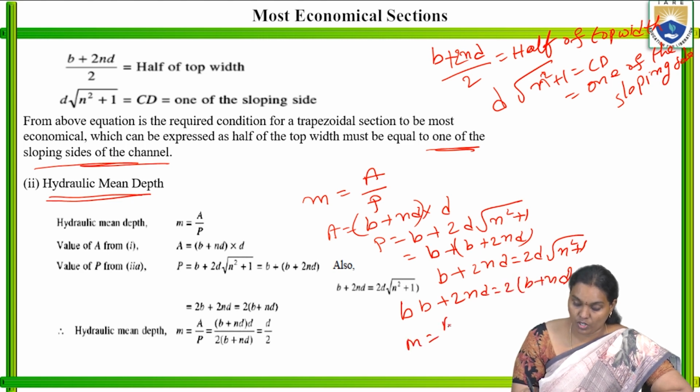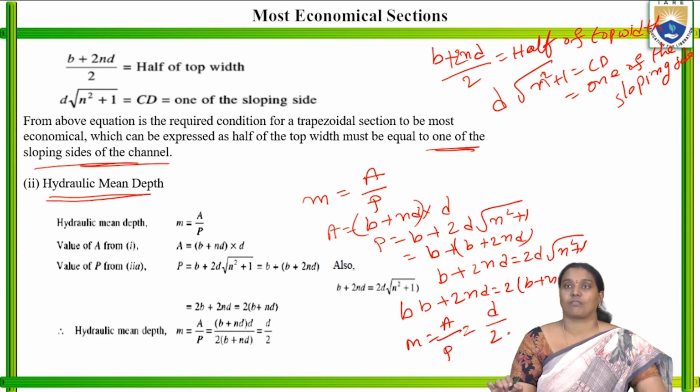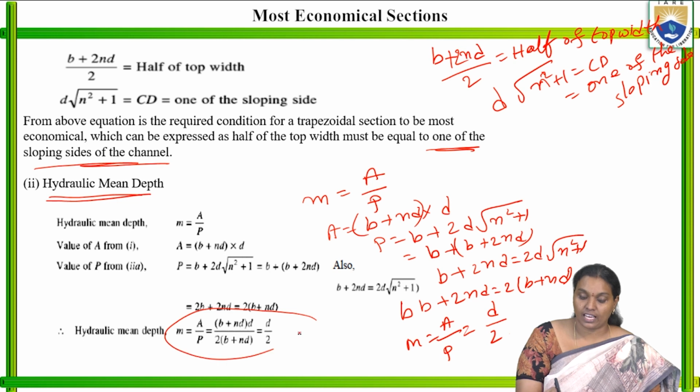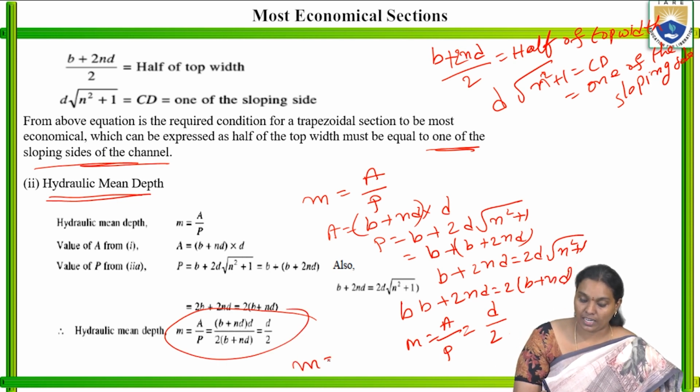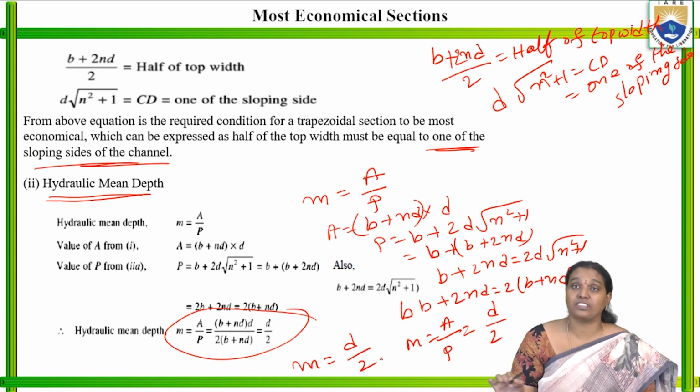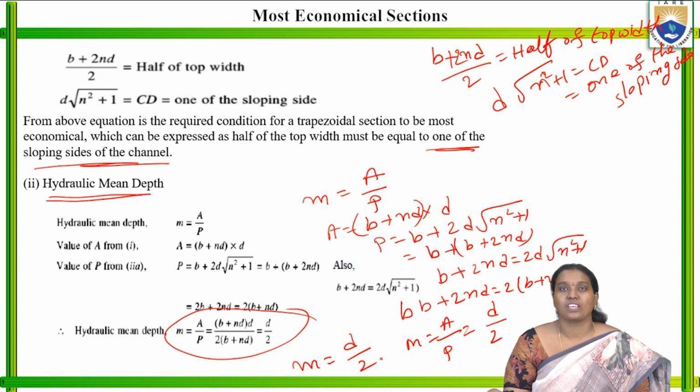Hydraulic mean depth m is equal to a by p, that is equal to d by 2. Finally, after the calculations, here also hydraulic mean depth is equal to half of the depth of the flow, which gives the most economical channel section.